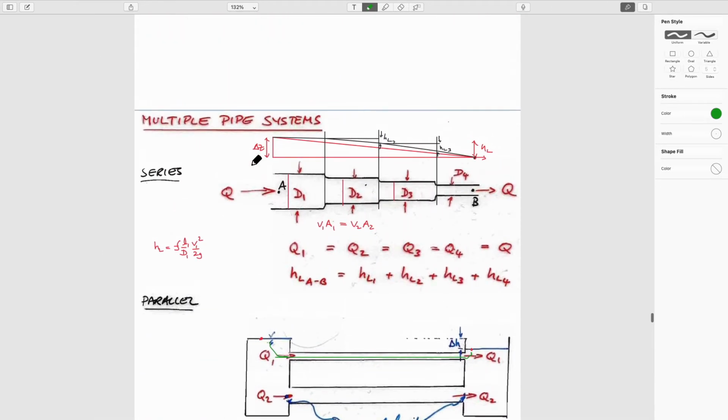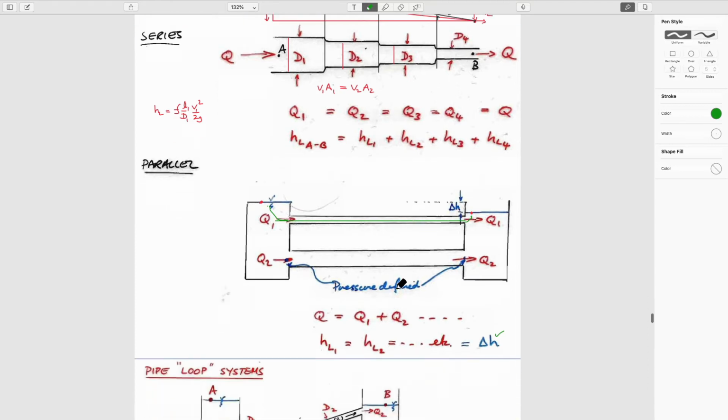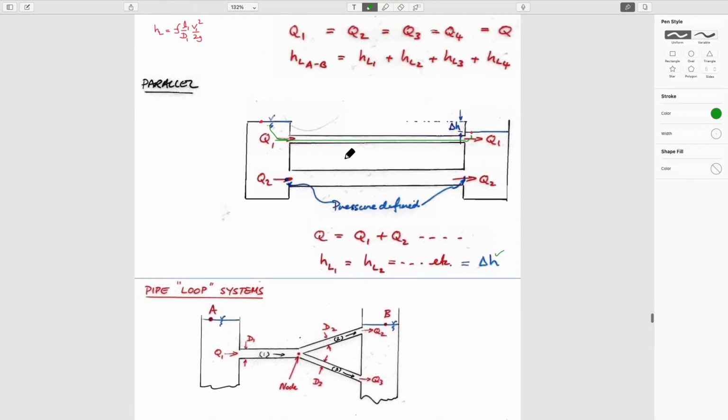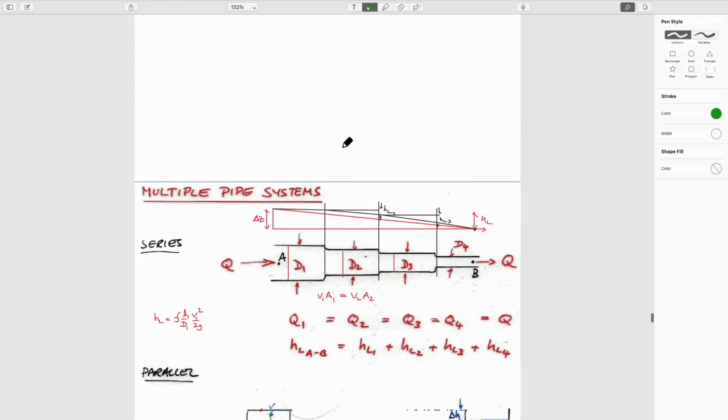So the kinds of pipe systems we might have are series arrangement of pipes, one after the other, and a parallel arrangement of pipes. It also has bearing if you look at flow within reservoirs, I suppose.